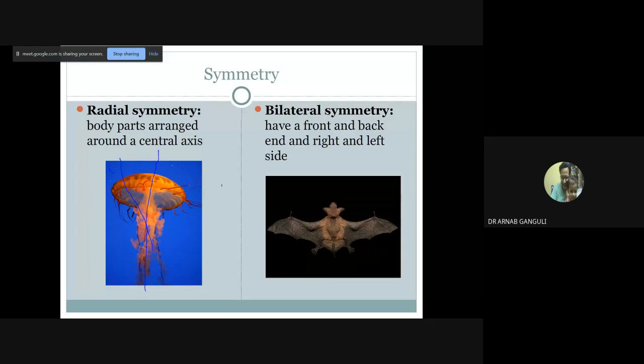If you see this from the top and divide it, you get two equal halves. If you divide from here, you get two equal halves, and this type of symmetry is known as radial symmetry.